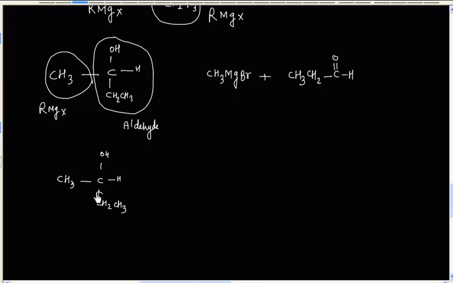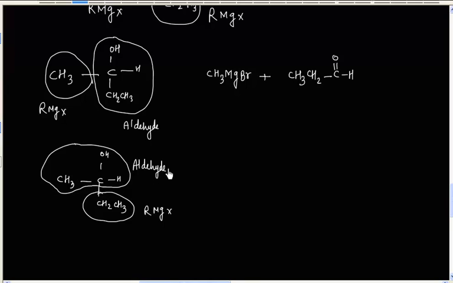Another option we can have, we can take this alkyl group that is coming from Grignard reagent and this part that is coming from aldehyde. So in this case we will have this possible combination.